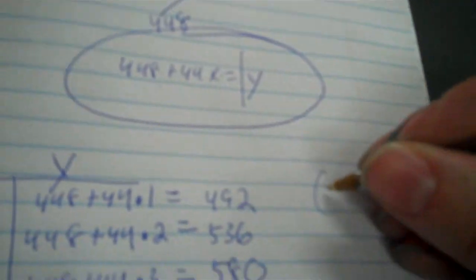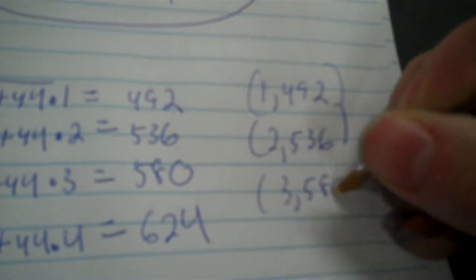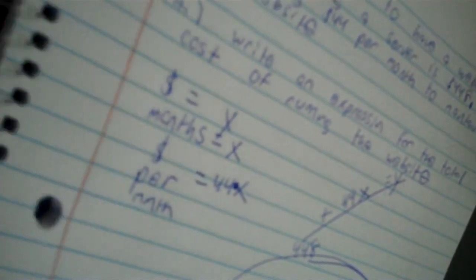So on part B on that problem, what you type up is 1, 492. All the rest of that you don't need. Okay, 1, 492. Then 2, 536. Then 3, 580. Then 4, 624. Okay, and that's it. So let's review.